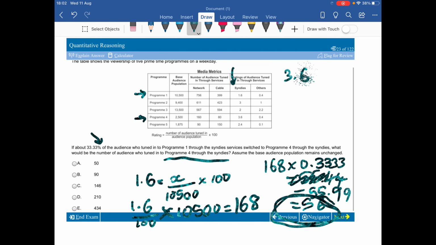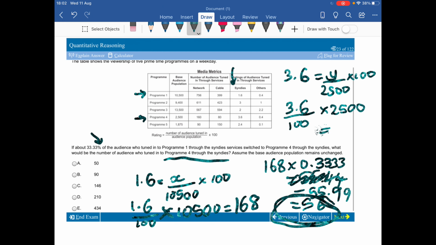So 3.6 and you would get 90. So then basically, you know that program 4 had 90 people before, okay?